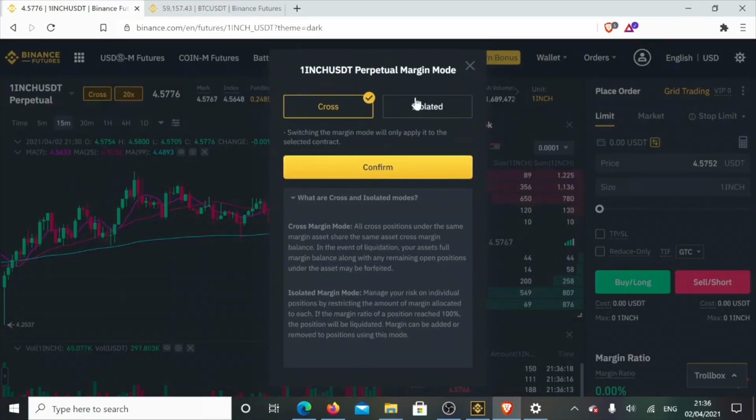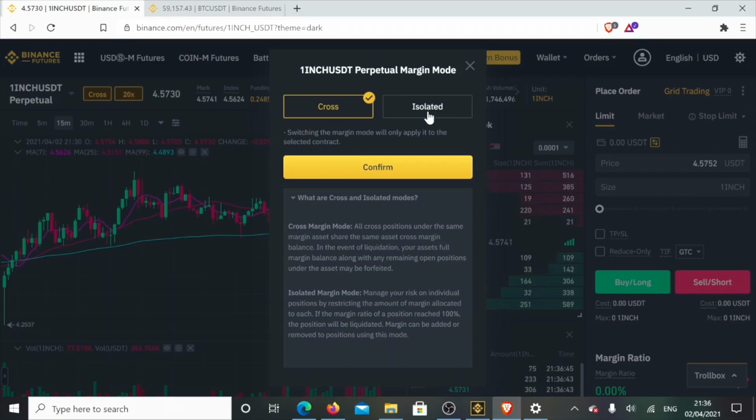You have 2 types of account on this, your mFutures. You have the cross account and isolated account. Okay, I will explain the difference between the two to you right now. When you have a cross account, that means all the positions you are going to open will be running under the same balance.